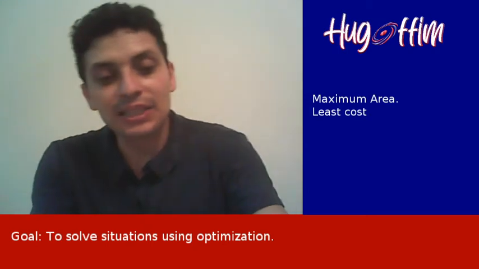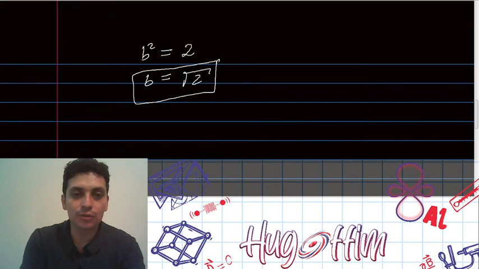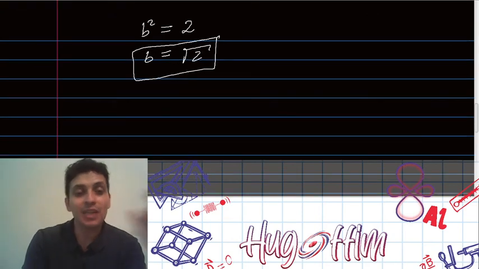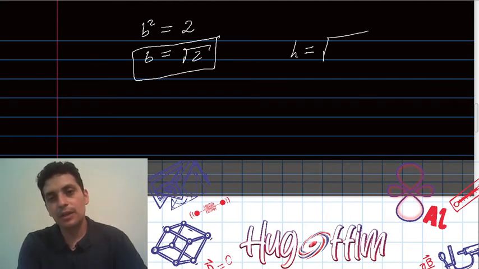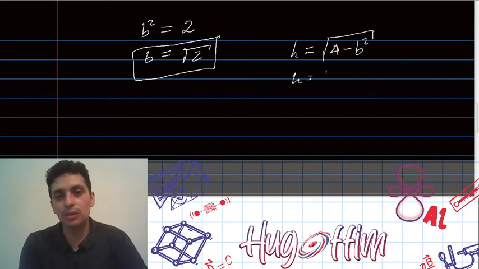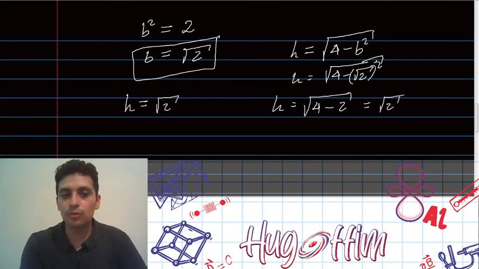But essentially, b is going to be the root of 2, so h is root of 4 minus b squared, right? So h is going to be root of 4 minus square root of 2 to the second power. So h is going to be the root of 4 minus 2, so h is going to be the root of 2. We got that h should be the root of 2.